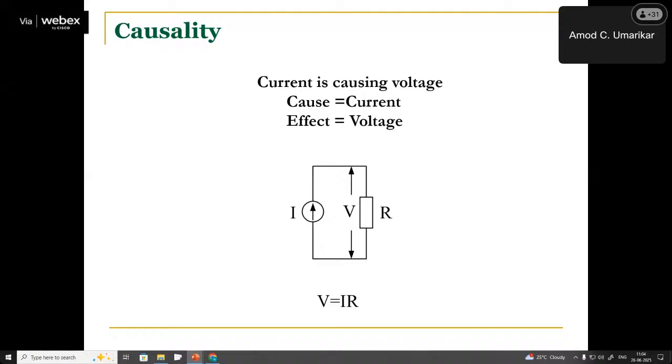So if cause is current, what is the effect of it? If I apply it across a linear resistor, the voltage across the resistor is the effect. So this is flow here, and the effect is effort.